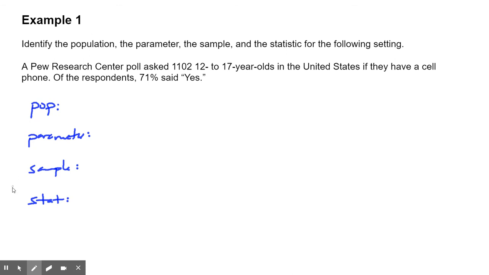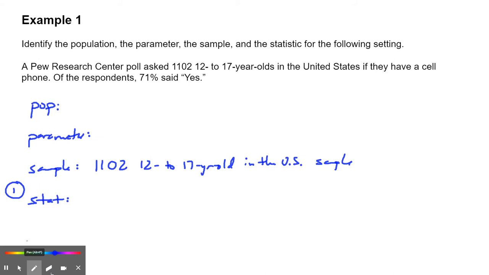I like to actually focus on the sample and the statistic first because they give me numbers. The sample here is the 1,102 12 to 17-year-olds in the U.S. sampled, right? Or asked, or polled, right?